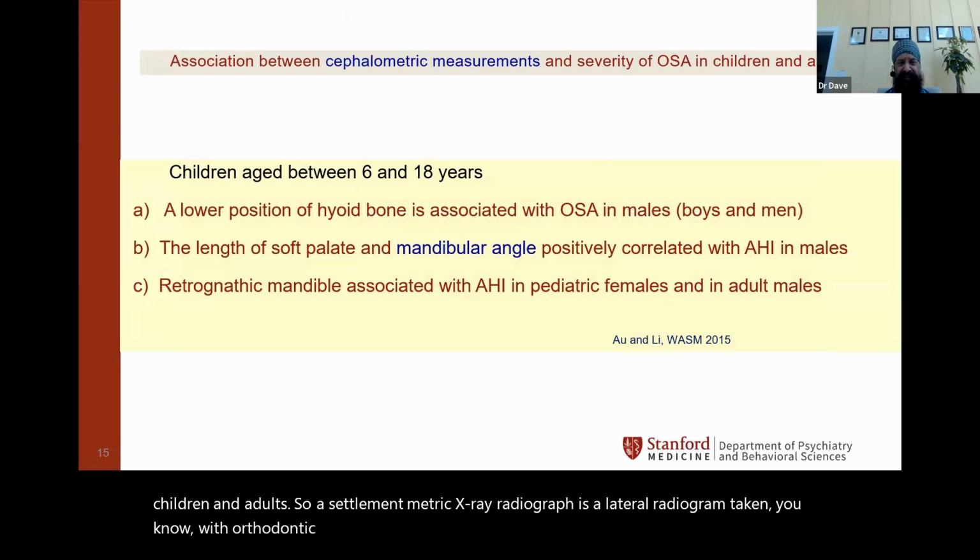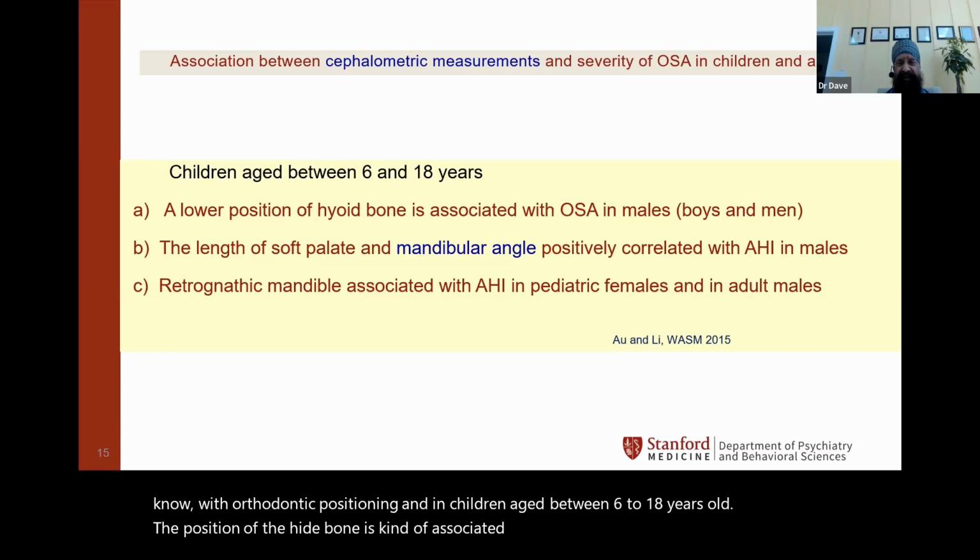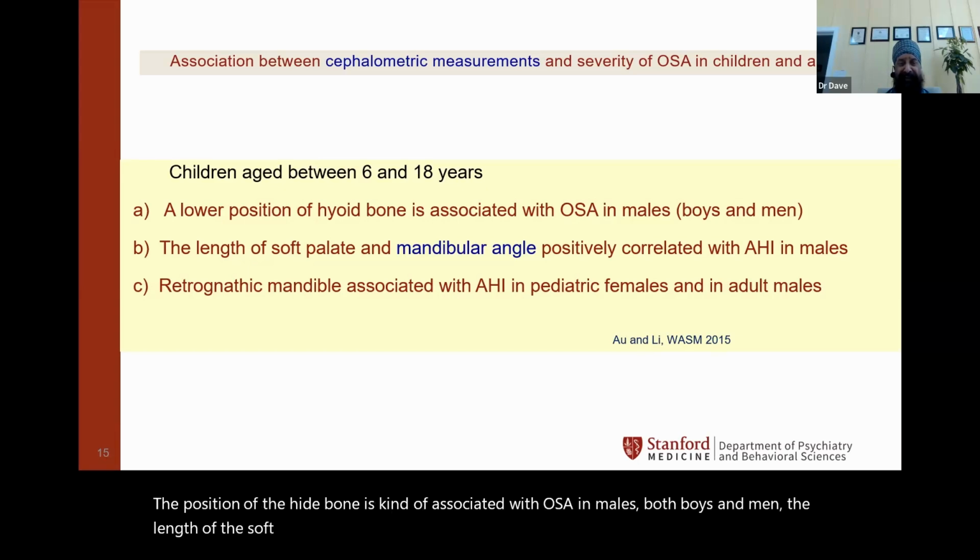In children aged 6 to 18 years old, the position of the hyoid bone is associated with OSA in males, both boys and men. The length of the soft palate and the mandibular angle relate to AHI in males.